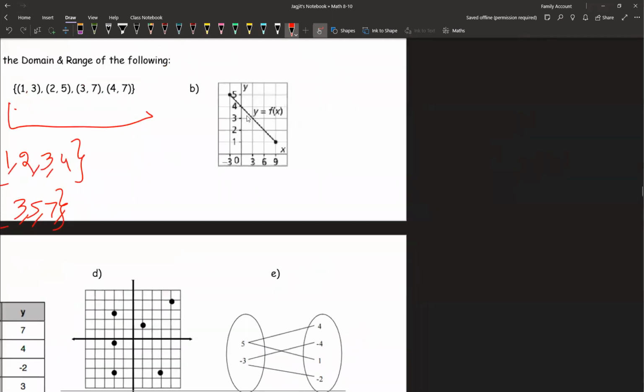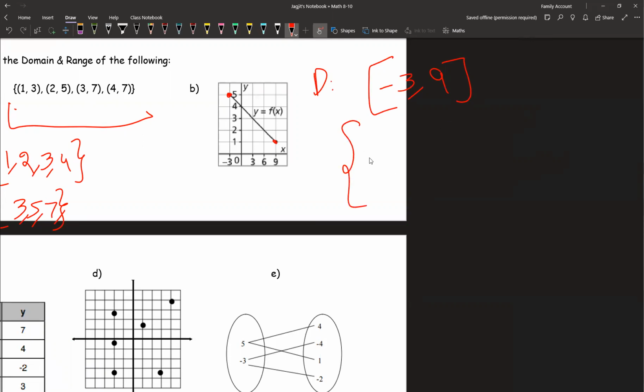Now on this B graph, it's a continuous graph, going from this point, shaded, to this point. So for the domain, you can see the leftmost x value is -3 and the rightmost x value is 9. So x is going from -3 to 9. That's one way of writing it.